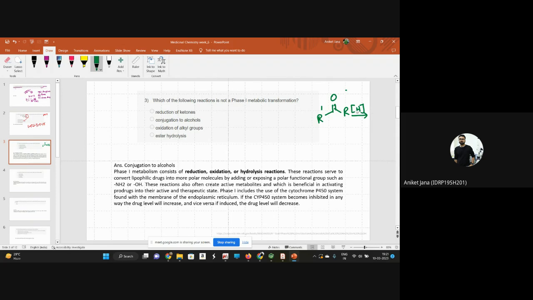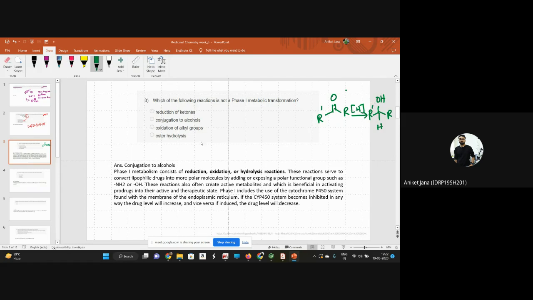Anybody? A hydrogen will be inserted here after reduction. Then what do we call the structure? Alcohol, secondary alcohol. Secondary alcohol, yes.